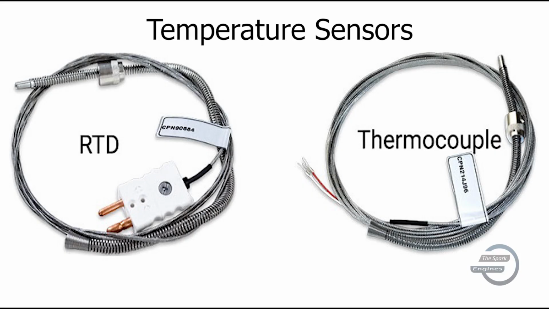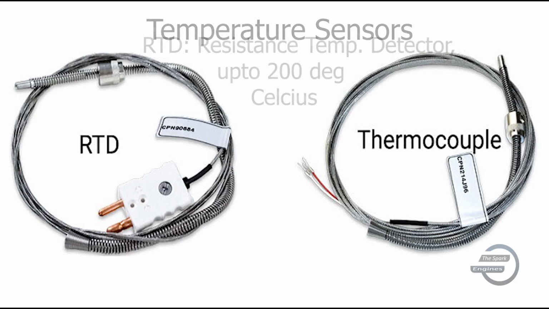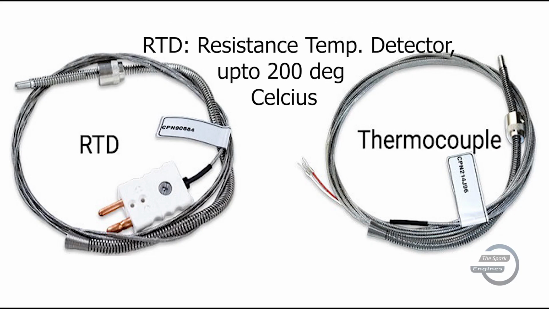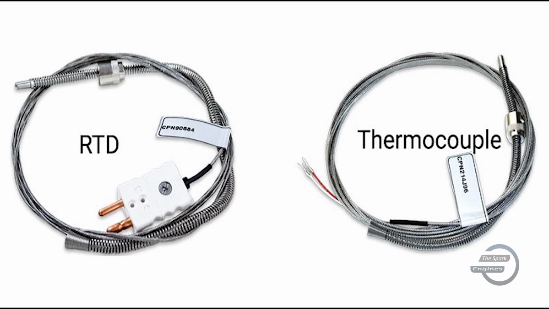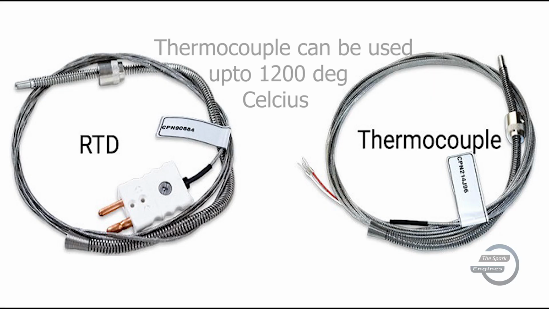First one, RTD, which is resistance temperature detector. These are used in case of maximum temperature of 200 degrees Celsius. Second one, thermocouple type. Thermocouple temperature sensors are used in case of temperature up to 1200 degrees Celsius.